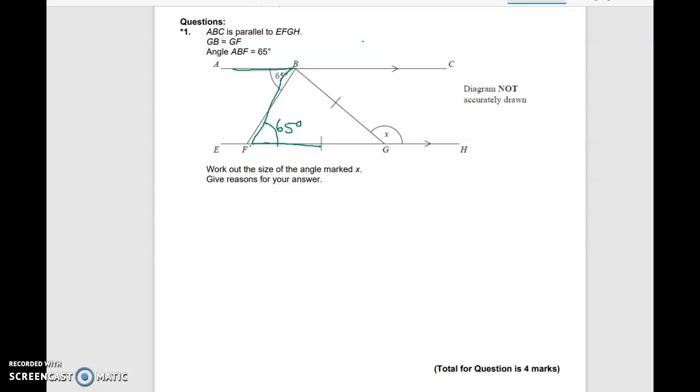Alternate angles either side of the line are equal in parallel lines, okay? So to get the angle BFG, this is 65 and it's the alternate rule. You need to write these things down to get part of these 4 marks, okay? So that's the first thing.